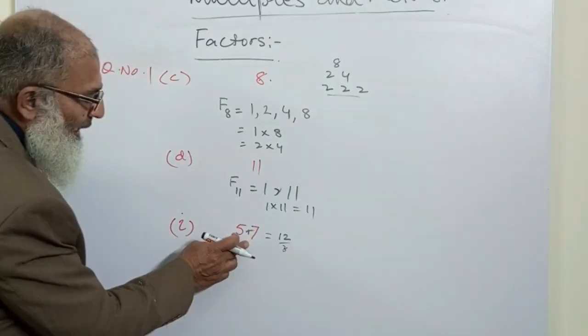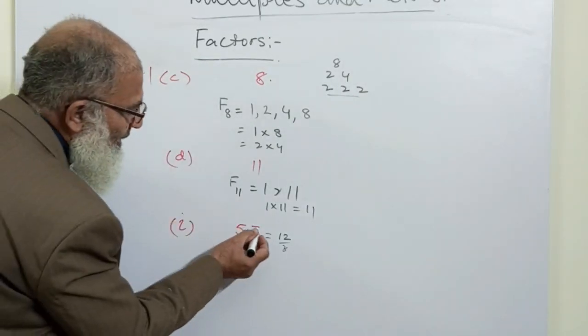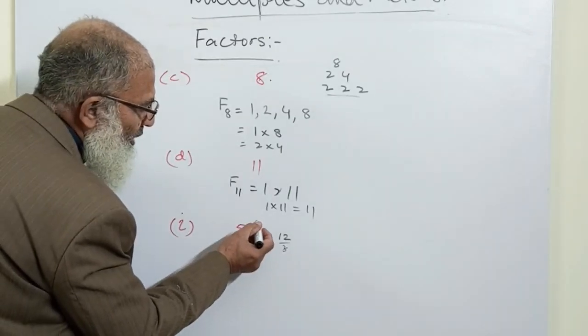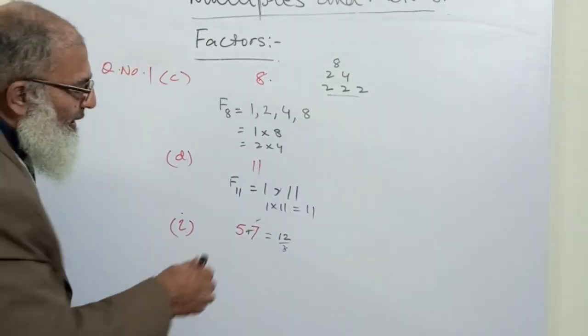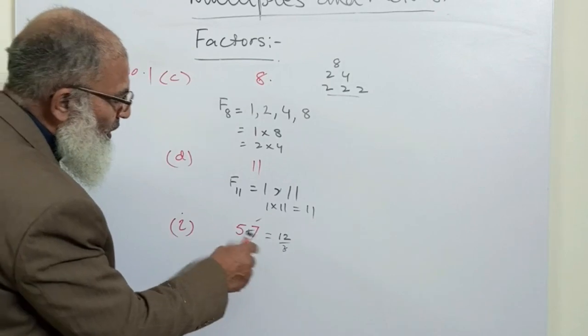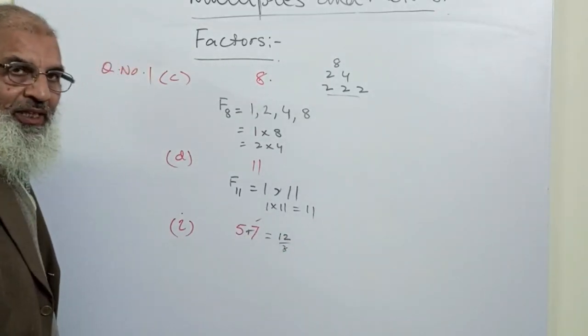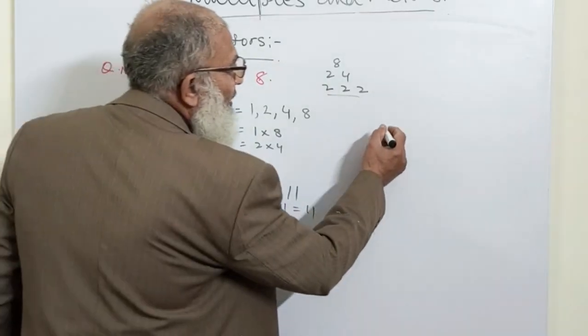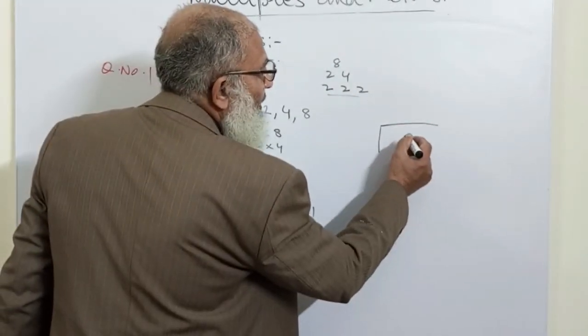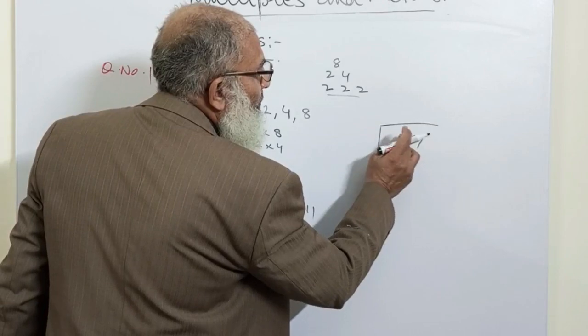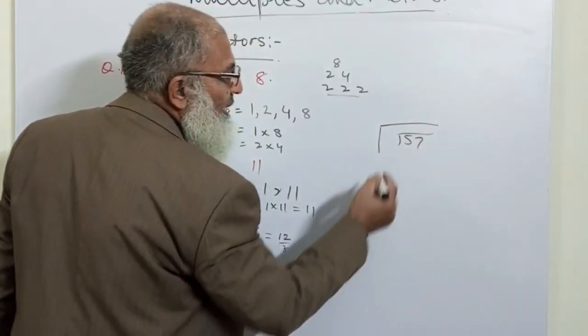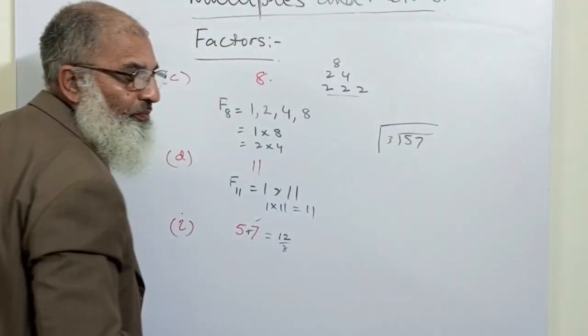You also see that a number ending in an odd digit cannot be divisible by 2. So this cannot be divisible by 2, but it can be divisible by 3. So in rough work, we find the factors of 57 starting from 3.